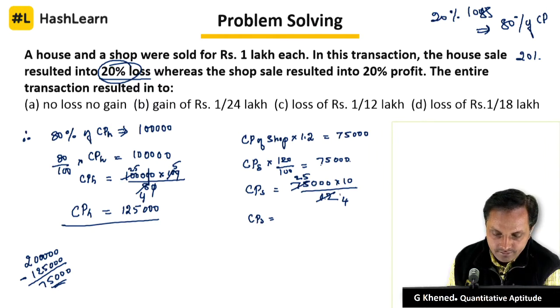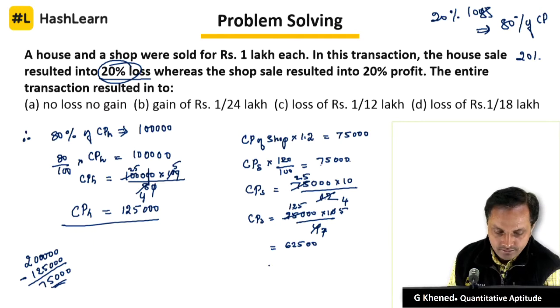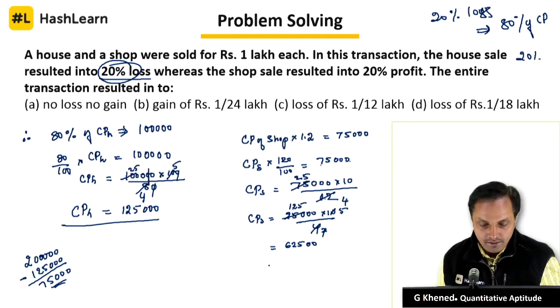So 250,000 by 100 into 10 by 4. If you do the simplification again, 2 2s are 4, then this will go in 125, 5. So 125 into 5, 625, 100. So that will give you 62,500.